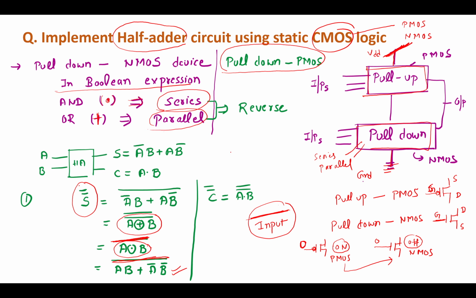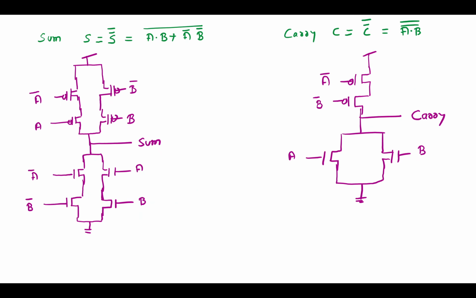If you see here carefully, this dot sign represents the series connection. Here also one dot, that means one more series connection, but this plus sign represents the parallel connection. Now AB, these two are in series connection, and A bar B bar, this is also a series connection, and after that these two are connected in parallel.